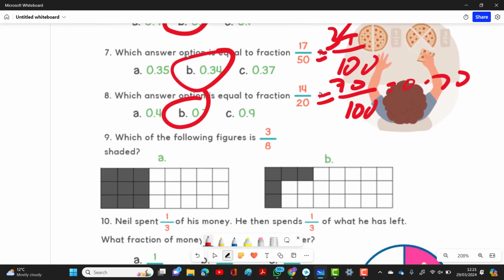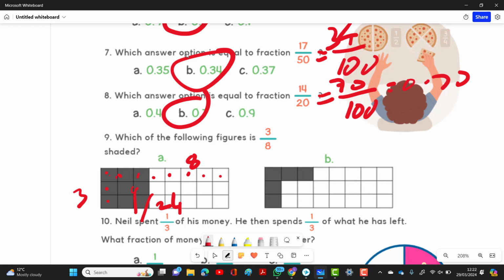Which of the following figures is 3/8 shaded? First of all, how many squares can we count? There's 3 by 8. Oh, that's 3 by 8. So it's A. No, that's 9 out of 24. And this is 3 out of 24.